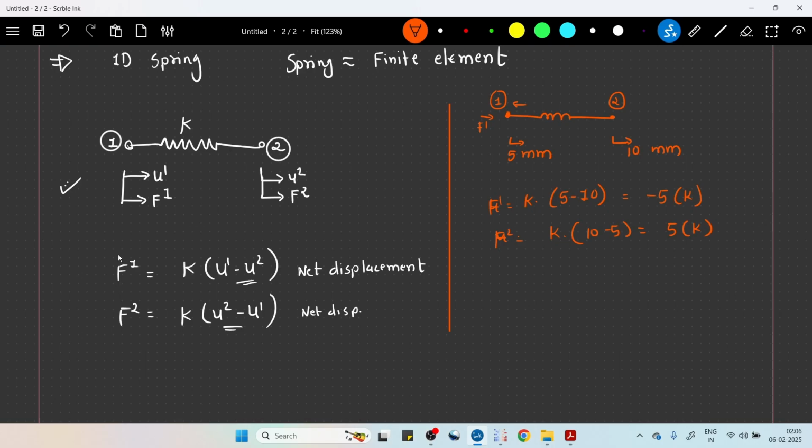That means the spring's actual compression is 5 mm, right? If we want to check this, we can say sigma f is equal to 0, a solid mechanics principle. So f1 plus f2 is equal to 0, so f1 is equal to minus f2. So this is satisfied here. This is just a double check.